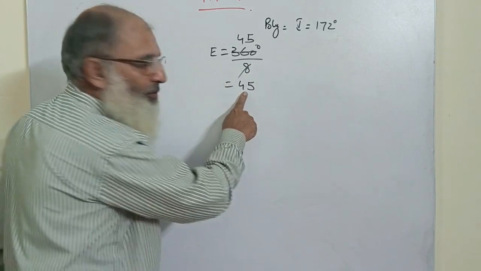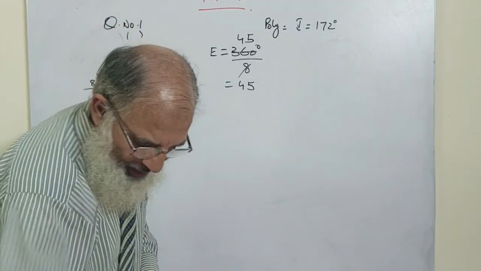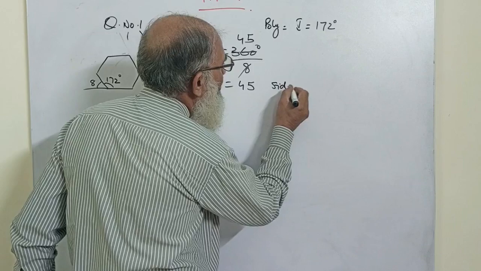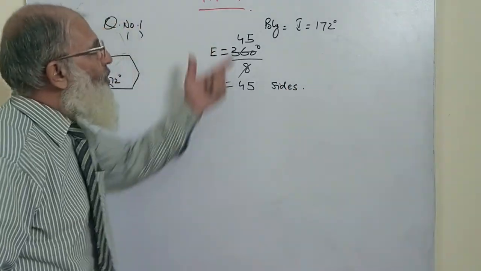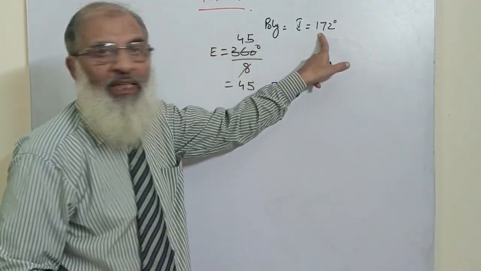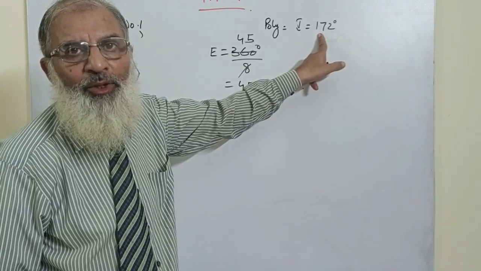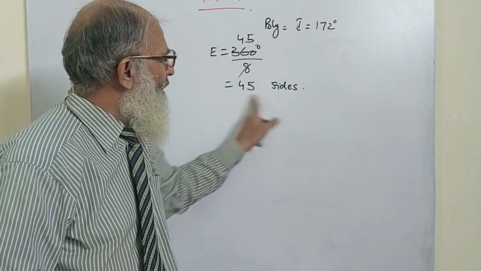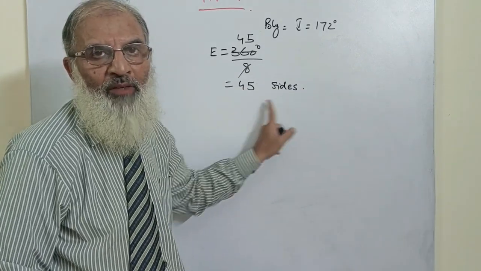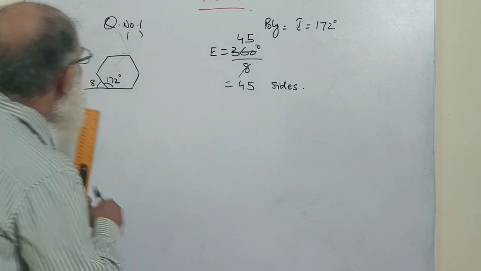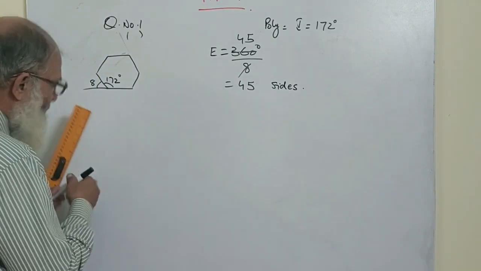So what will we get? 45. Therefore, it means that the polygon has 45 sides. The polygon having one interior angle of 172 degrees will have 45 sides.